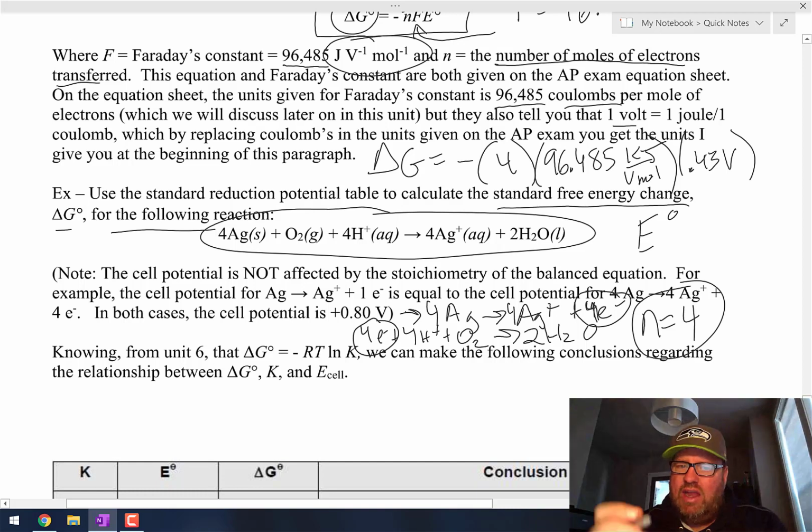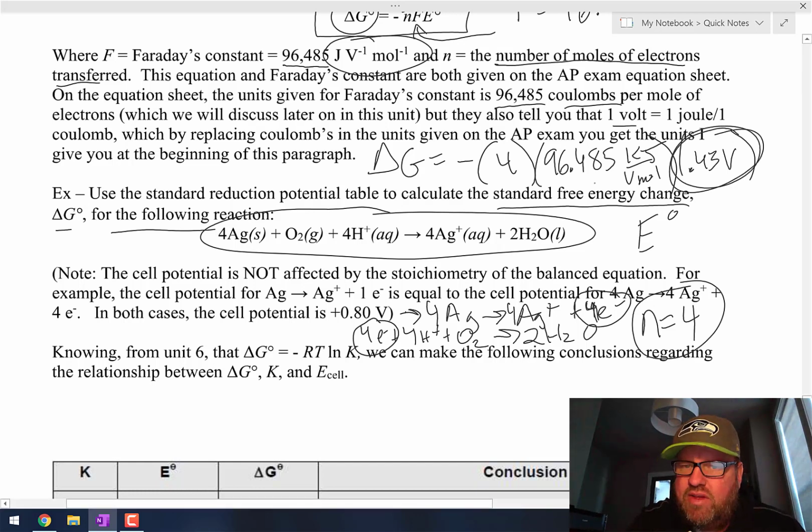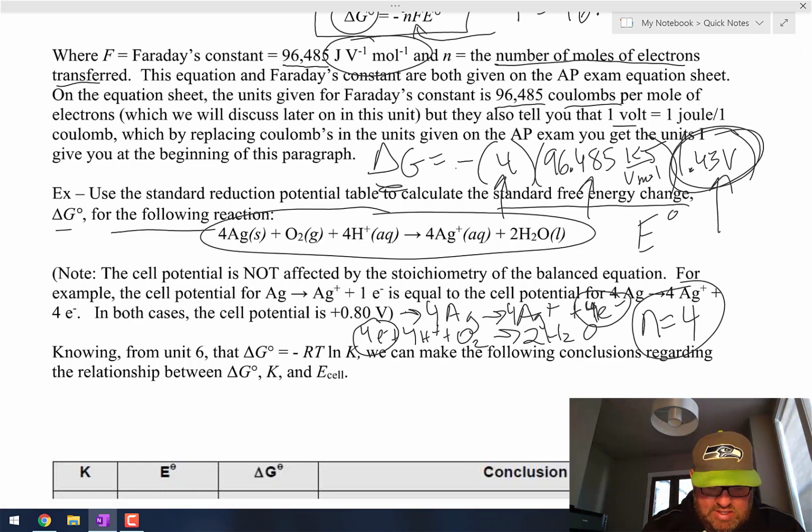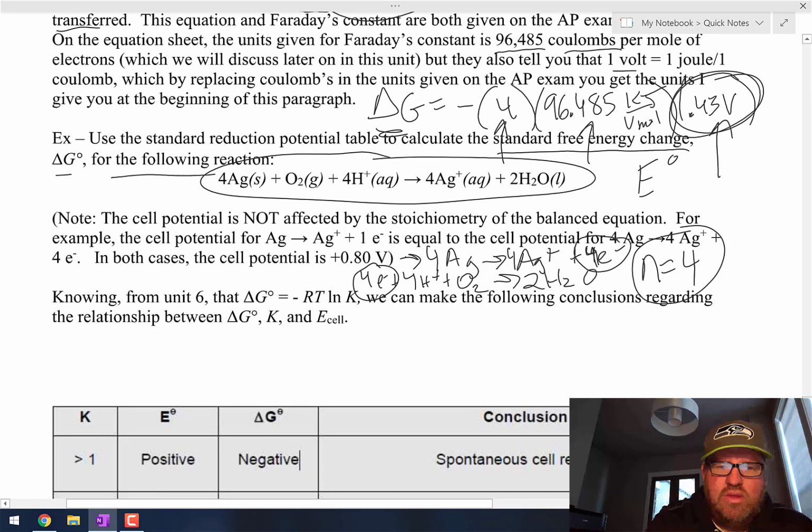Notice again that since delta G equals negative nFE, if the cell potential is positive, this number is always positive, and this number is always positive. So if your cell potential is positive, then delta G is going to be negative every single time. Okay, so negative 4 times 96.485 times 0.43 volts gives us a delta G value of, let's see, it didn't really give us any room here.